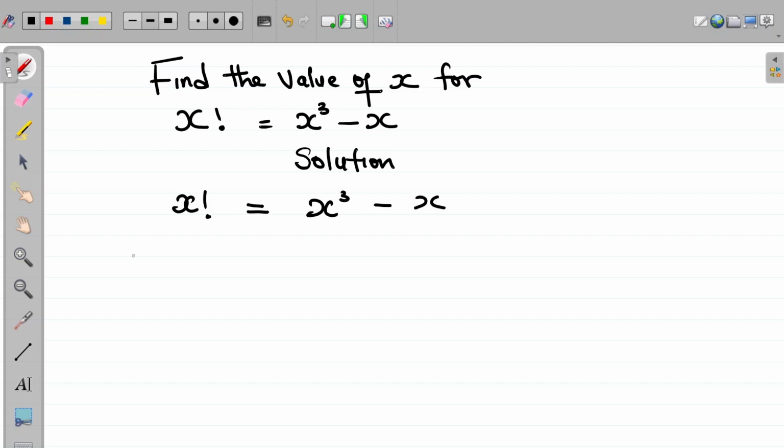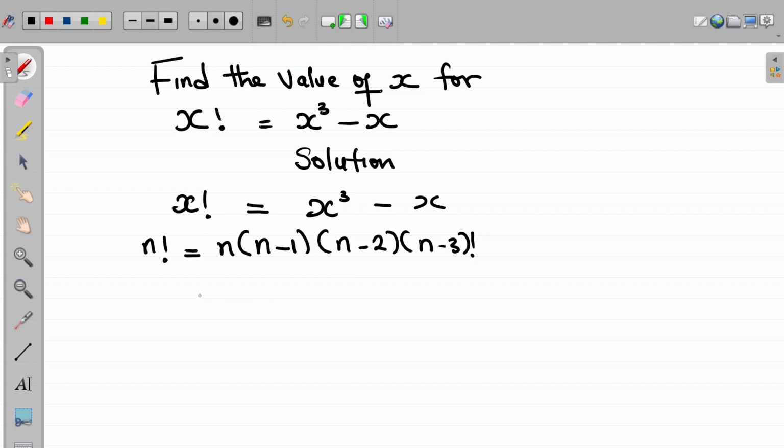From the knowledge of factorial, we have that n factorial will be equal to n multiplied by n minus 1 multiplied by n minus 2 multiplied by n minus 3 and so on.